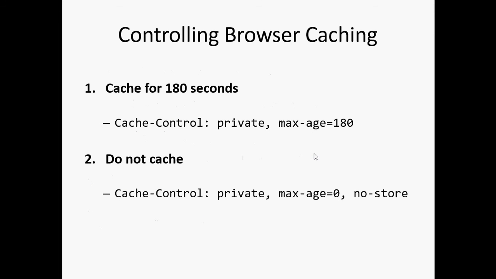The cache control header with max age is similar to the expires header in that it allows you to specify how long in seconds the browser should cache the results. The private indicator lets proxies know that the cache directive is just for the browser. In the second example, we tell the browser not to cache.